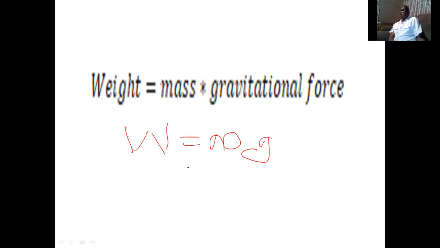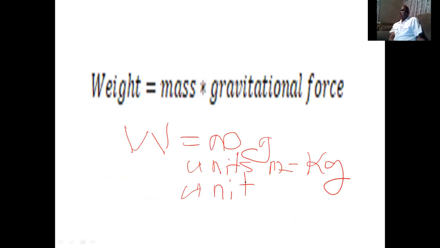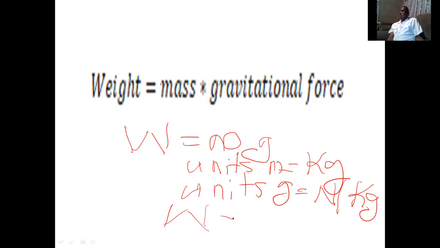The unit for mass is kilograms, while the unit for gravitational field strength is newtons per kg. In other words, per kg, what would be the force? And then weight itself will be measured in newtons.